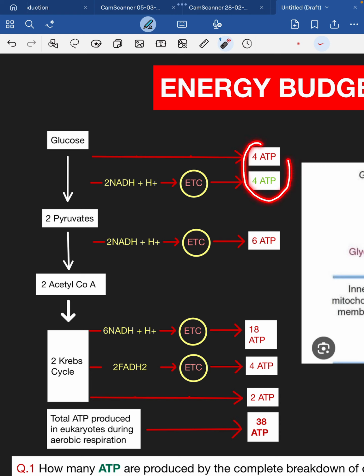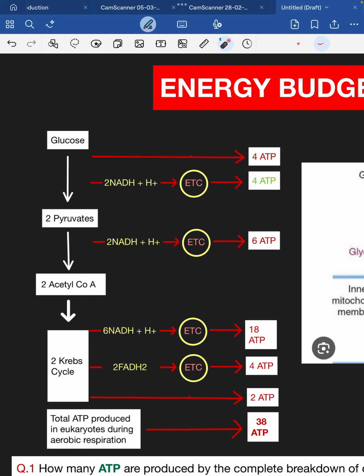4 plus 4, 8, plus 6, 14, plus 18, 32, plus 4, 36, plus 2, 38. So the total ATP produced in eukaryotes during aerobic respiration, the answer is 38.